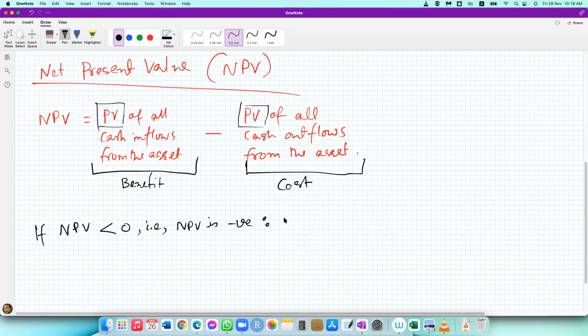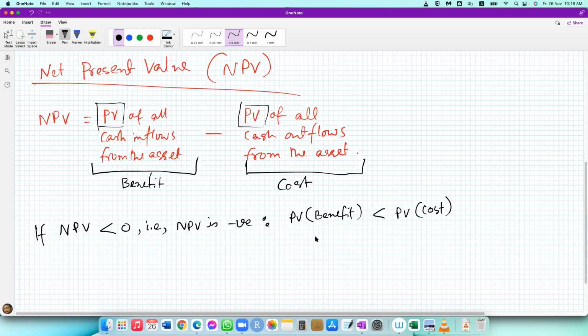Less than 0 means negative, isn't it? So if NPV is negative, then what does that mean? It means that the present value of benefit is less than the present value of cost. We can understand that from our very basic understanding of mathematics, right?